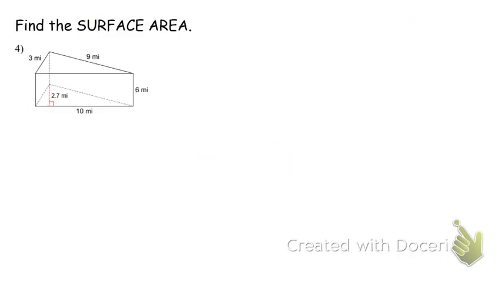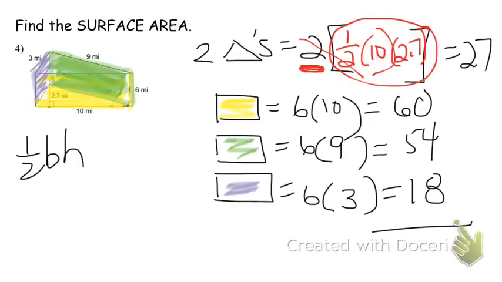Oops, backtrack. Okay, I already doubled the triangle to get the 27, so I'm not going to do 2 of them. So I have the 2 triangles made a total of 27, plus 60, plus 54, and plus 18. So I get a total of 159 square miles.